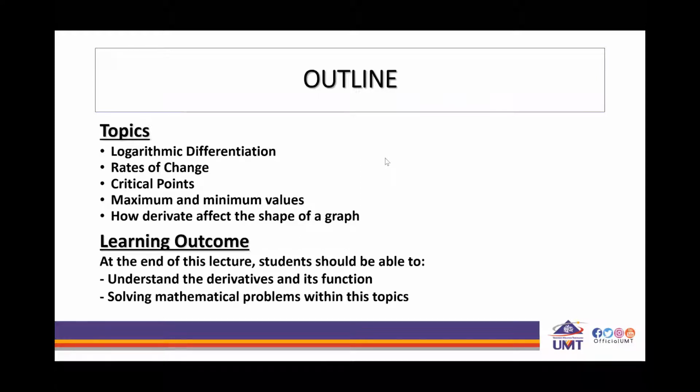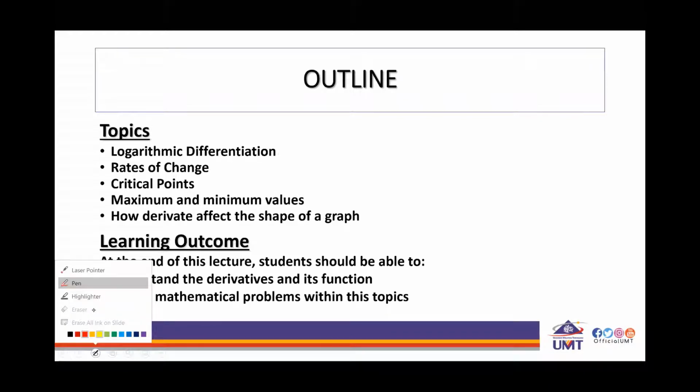Okay, so today on this topic on derivative 3, we are going to have a look at logarithmic differentiation, rates of change, critical points, maximum and minimum values, and how derivatives affect the shape of a graph. All right. At this point of our classes, you should understand that derivatives is all about graphs.